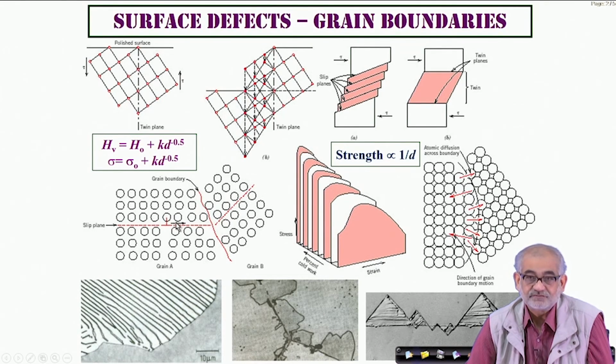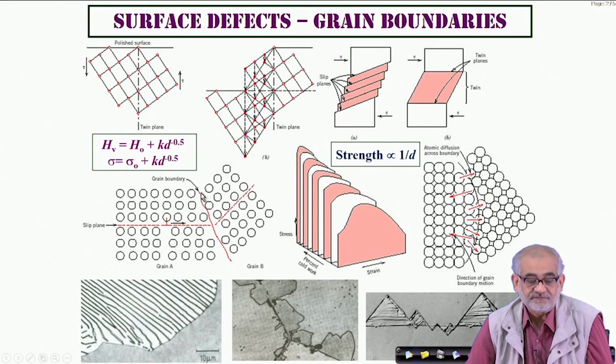So the stress which was responsible for moving the dislocation all the way up to the boundary will no longer be able to move it into the other domain. This is like a boundary between 2 countries, and you have a border here, so obviously this fellow cannot move to the next country without disruption. When it stops, that means the deformation stops and the strength increases.